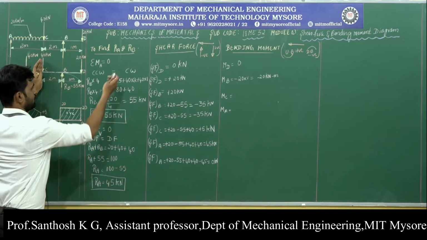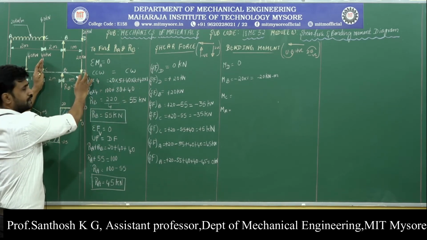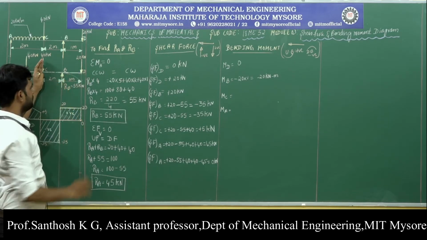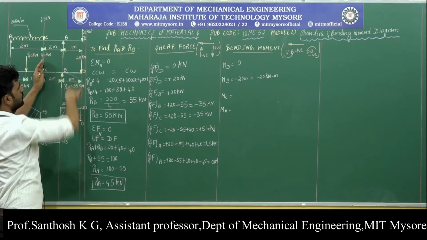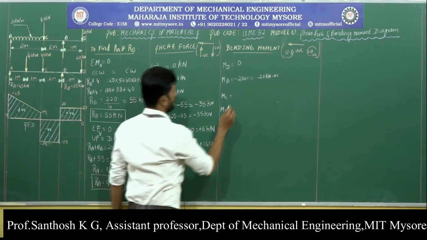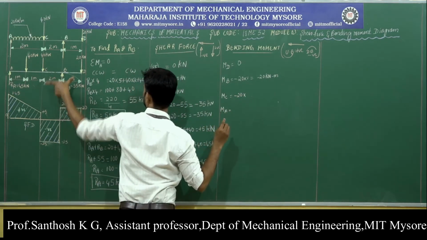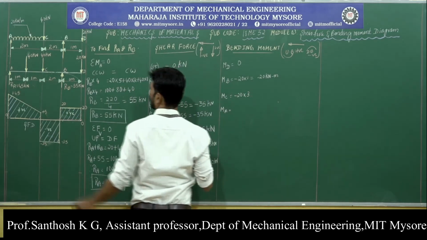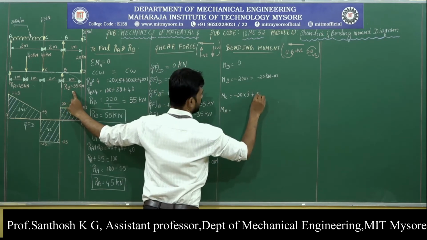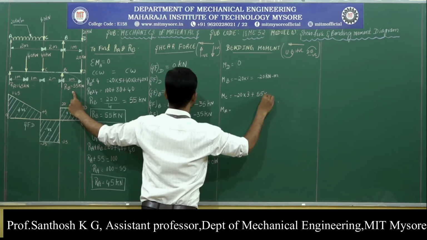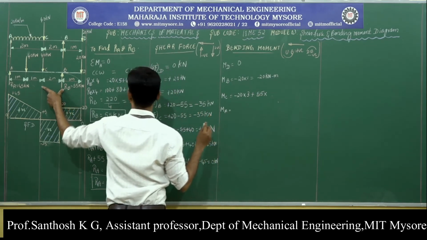If you come to point C, while moving from right to left, we get 2 points, one at D and another at B. At D, we have a downward force, so it is minus 20 into its distance from C, which is 3. The other force is an upward force of 55 kilonewton, creating a moment of magnitude 55, and its distance from C is 2.